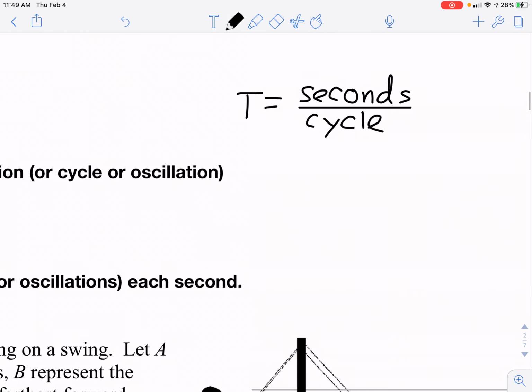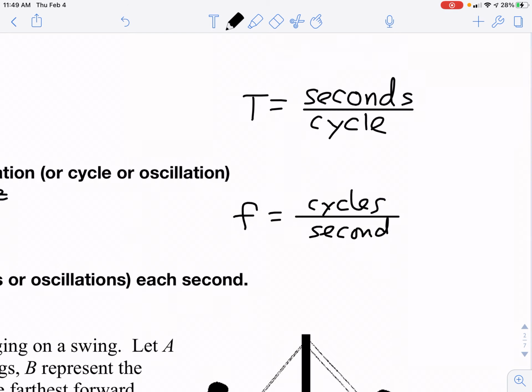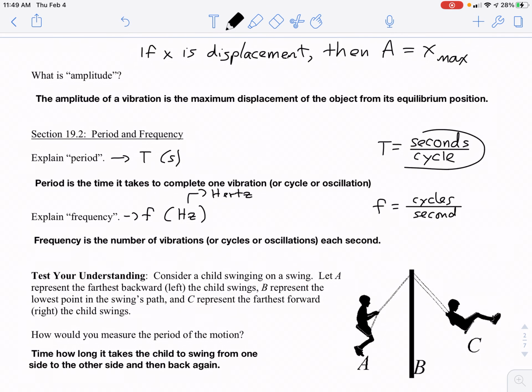Period is the time it takes to do one vibration, one complete cycle. Frequency is the number of cycles each second. As you can see, these are reciprocal concepts.